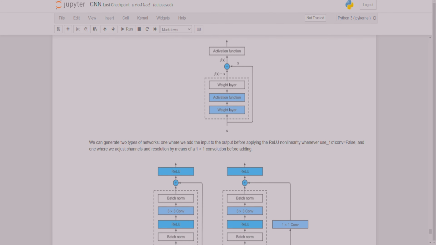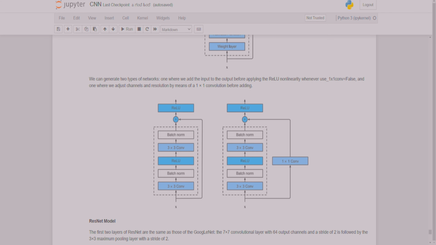Okay, so we have two options here. Again, they divide their ResNet fundamental block. They say you can implement two things over here. One is that you take the input directly and pass it through your ResNet block, keep the x coming in as it is, and then pass it through the activation function.